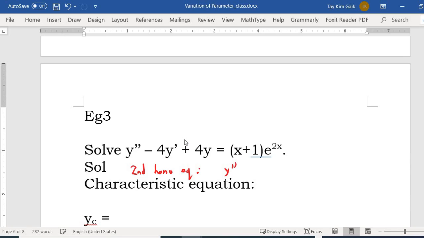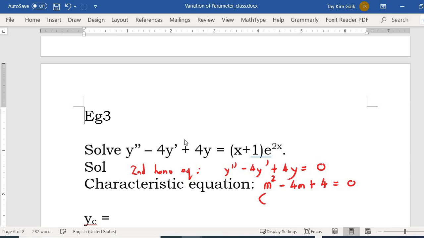So you get y double prime minus 4y prime plus 4y equal to 0. Later on, get the characteristic equation by letting the second derivative be m squared, y prime be m, and y be m power 0, or 1.